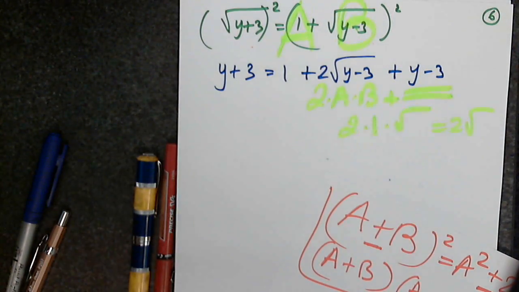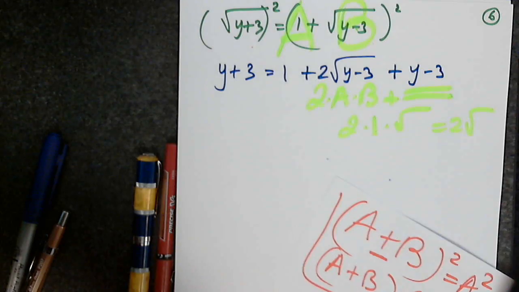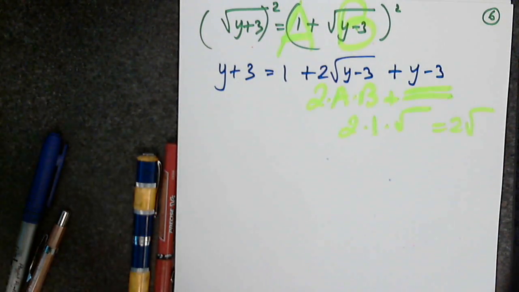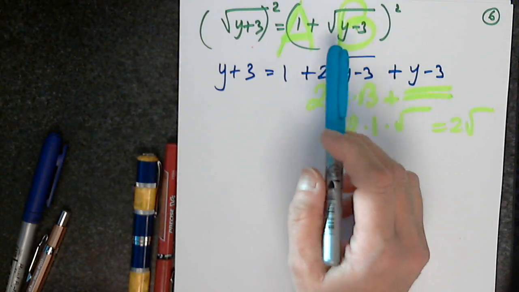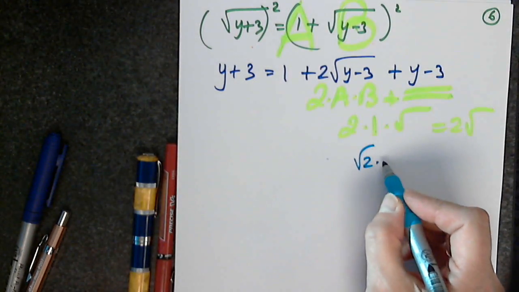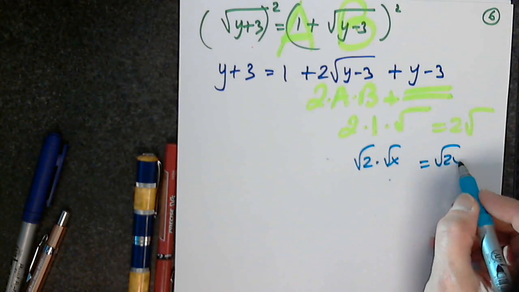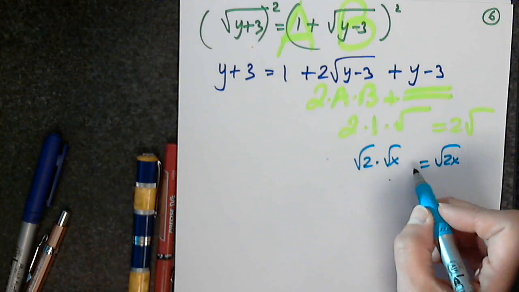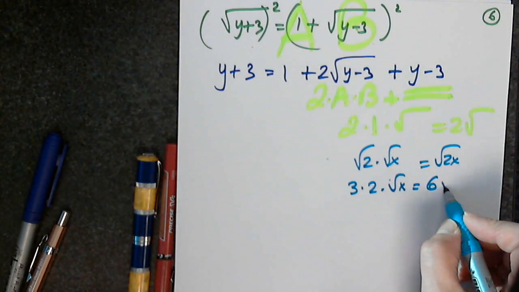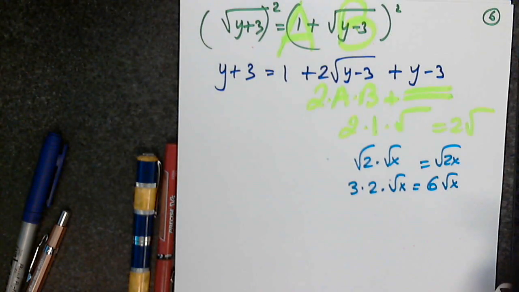If you're not asking questions, then I would not know what things I should clarify. But now it makes sense. So when I multiply the square root of 2 by the square root of x, this is the square root of 2x. I'm not changing anything inside. If I have 3 times 2 times the square root of x, I have 6 the square root of x.